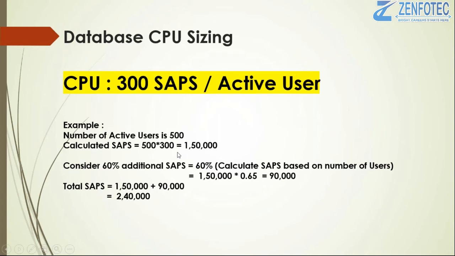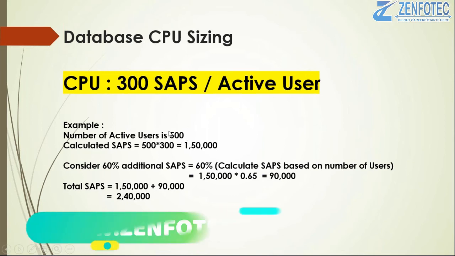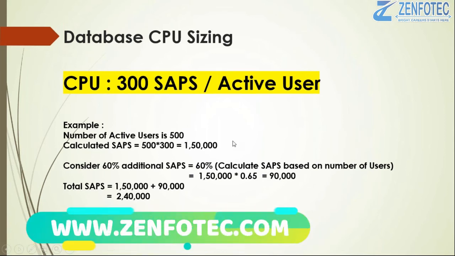We have to give some percentage of idle CPU to our servers as well. If all 500 users access your database simultaneously, then your CPU utilization is always 100%, and that will create a problem.